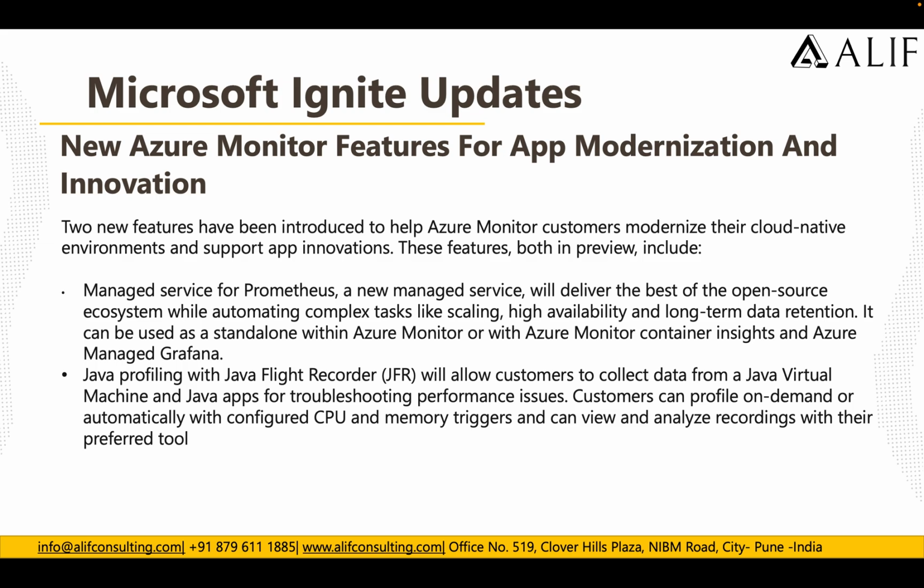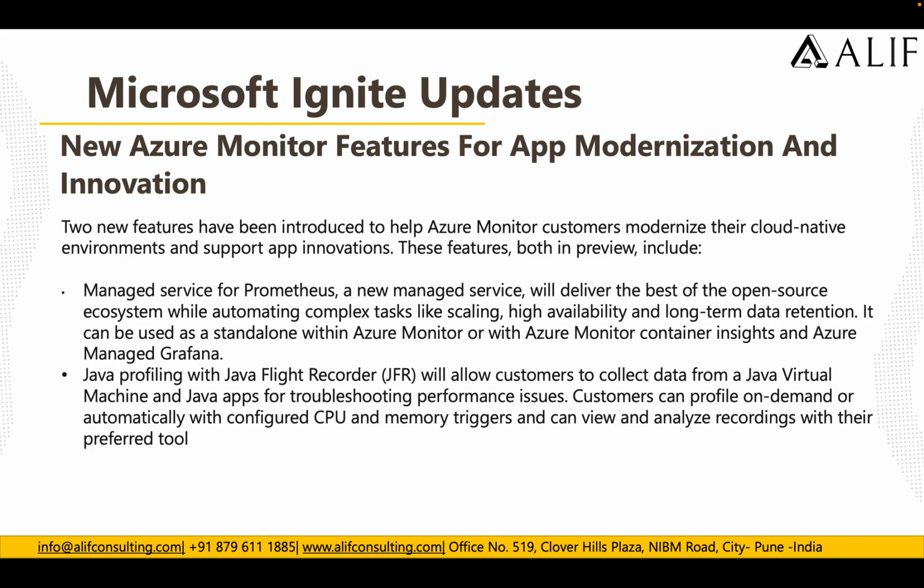The first feature is Managed Service for Prometheus. What that means is a new managed service will deliver the best of the open source ecosystem while automating complex tasks like scaling, high availability, and long-term data retention.